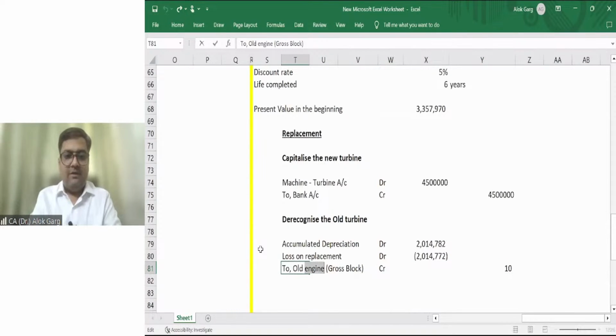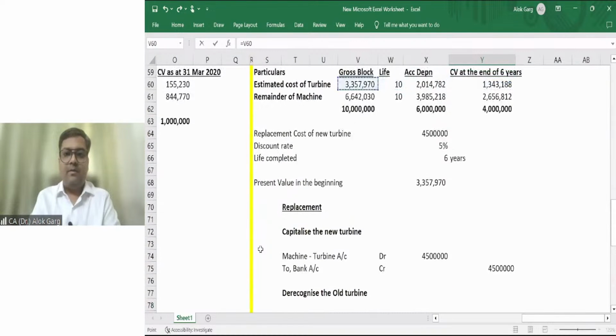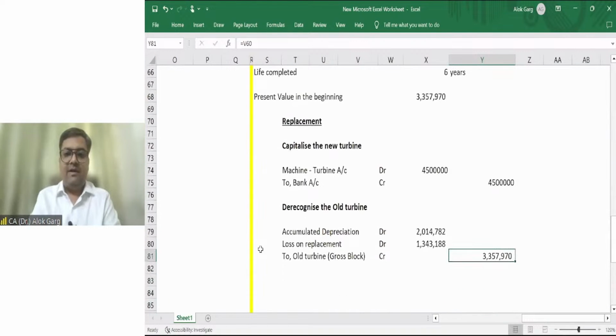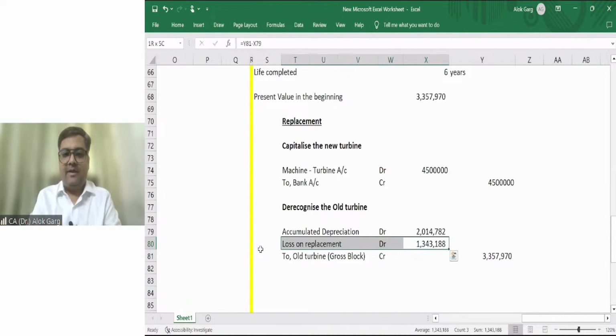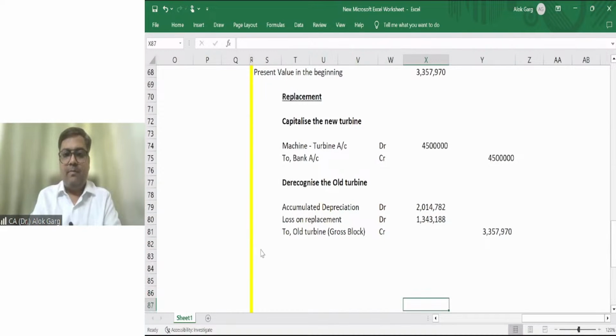Your old turbine gross block is 3357970. What is your loss on replacement? This minus accumulated depreciation, this carrying value, is the loss on replacement, right? This is how it is going to be done.